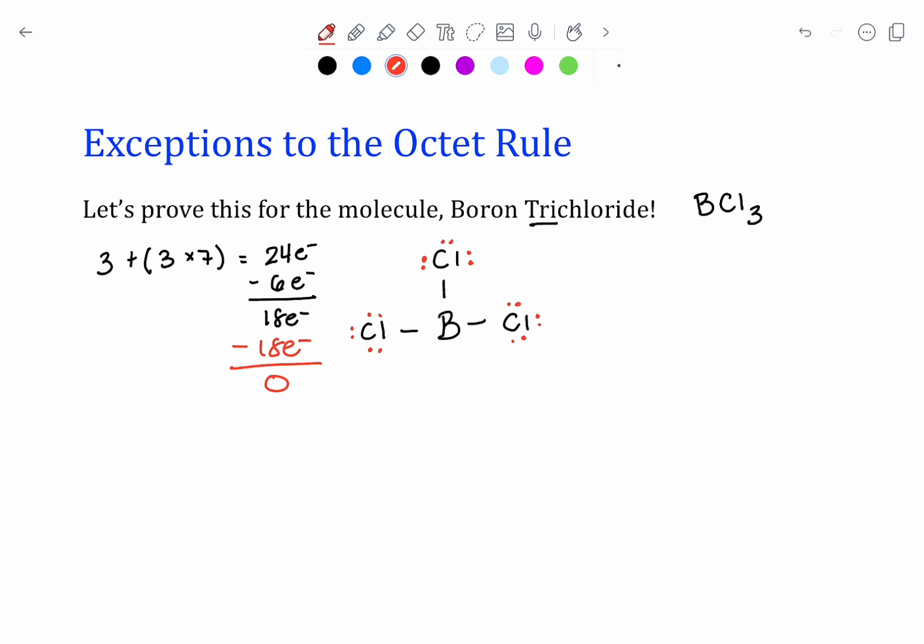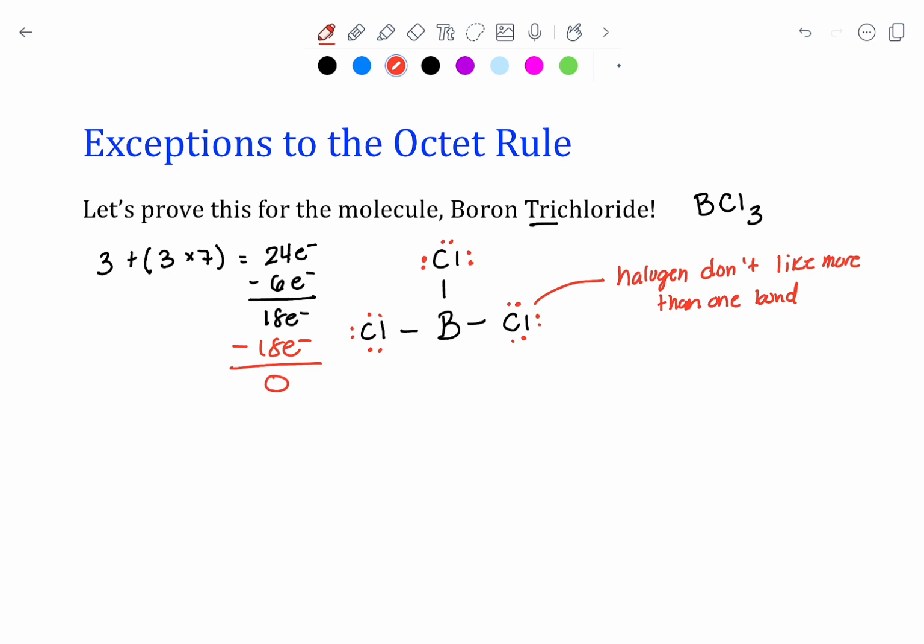Now, boron does not have an octet, but if we remember our rules, halogens don't like more than 1 bond. And this is typical, this is a general overview of halogens.